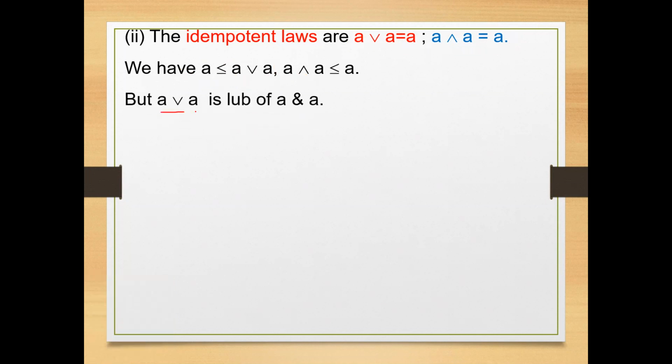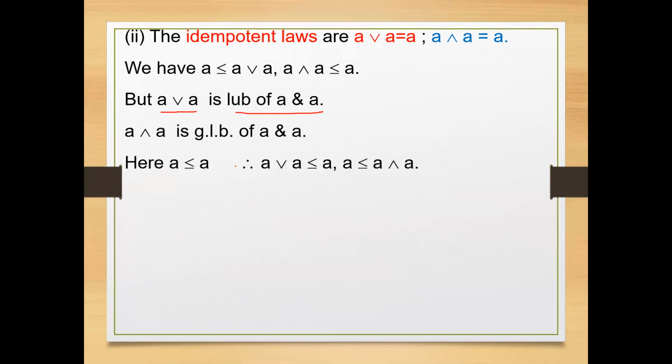But a join a, how will we read it? It is the least upper bound of a and a. Join means least upper bound of a and a. And a meet a, what will we call it? It is the greatest lower bound. Now look at one thing here: a is less than or equal to a, by the reflexive property.